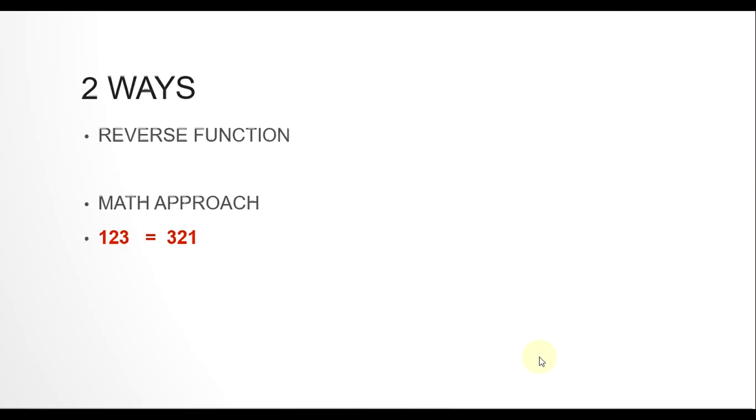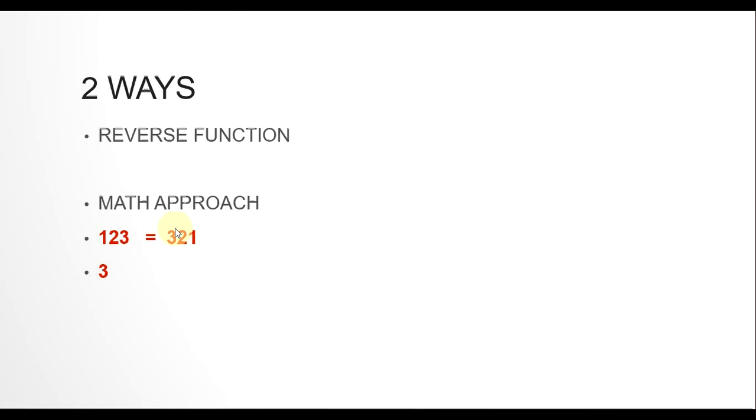First of all, say my input is 1 2 3 and I want to convert it to 3 2 1. How can I do it? Can I take the rightmost number over here, at the ones place, that is 3, and make it the leftmost number when my approach is done?